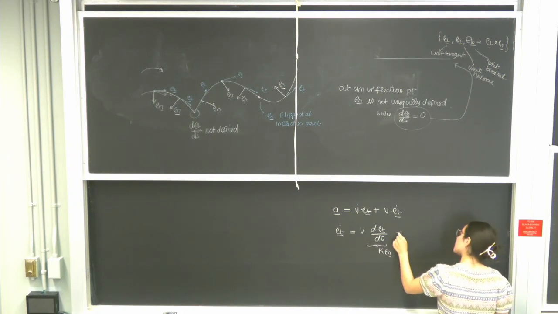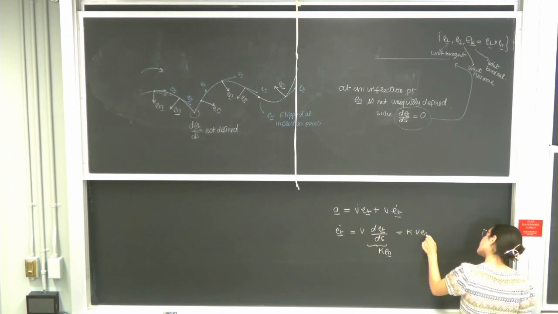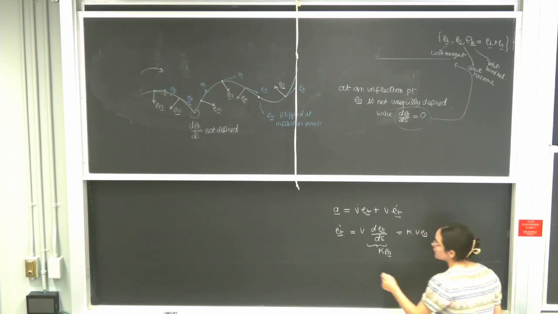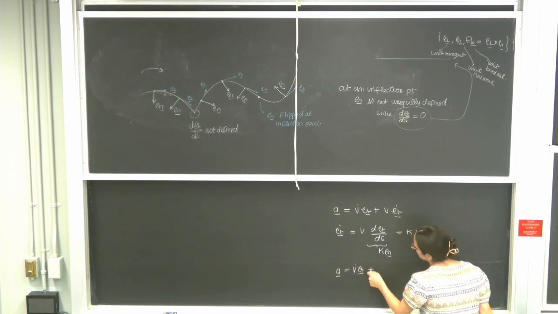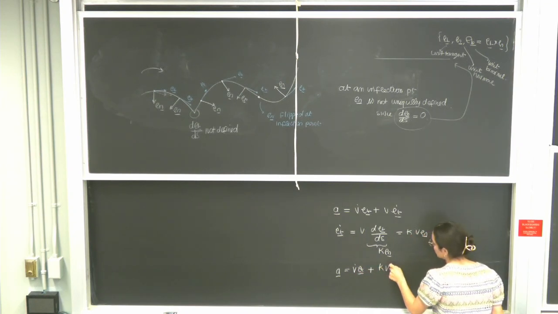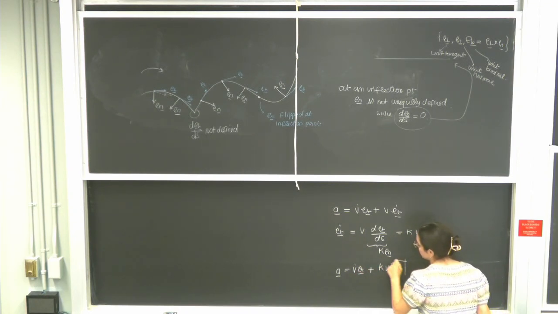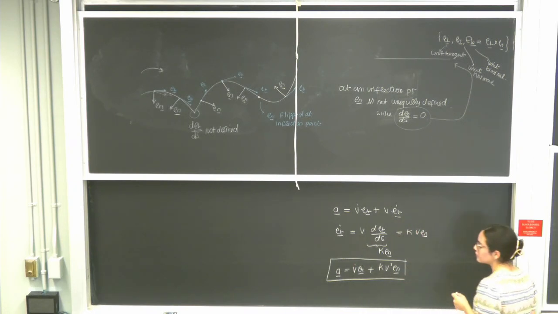So that's equal to kappa v en. So then the acceleration becomes v dot et plus kappa v squared en. So that's the expression of the acceleration in the Serret-Frenet basis.